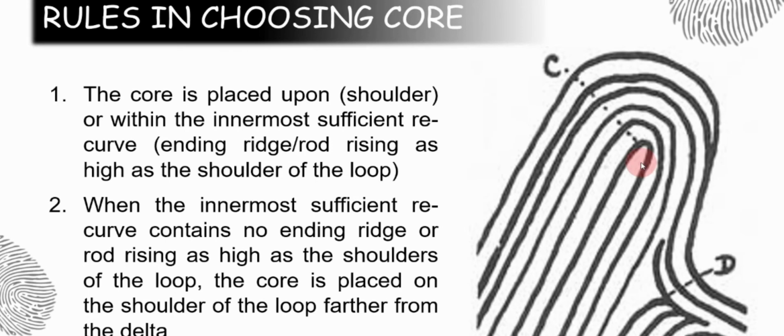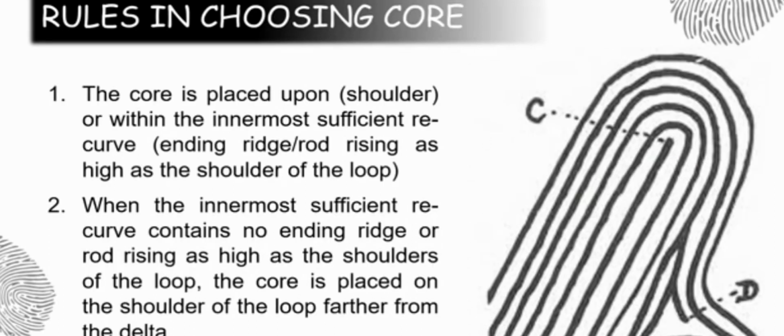In rule number 1, the core is placed upon the shoulder or within the innermost sufficient recurve. So it is upon the shoulder of the loop or recurving ridge, and also within the innermost sufficient recurve if it contains a rod rising as high as the shoulder of the loop.